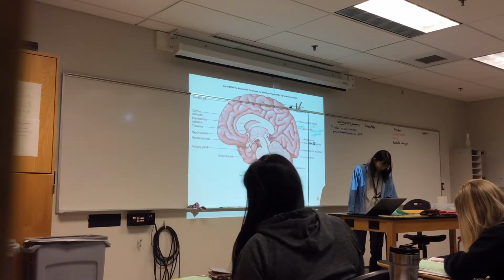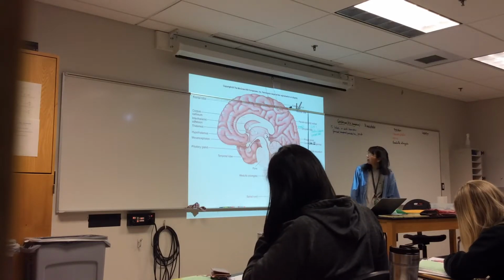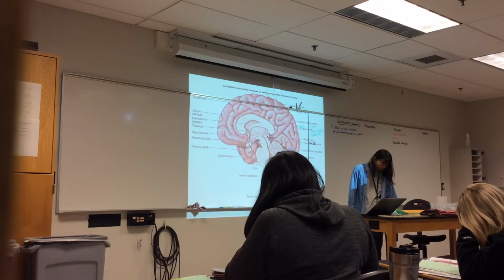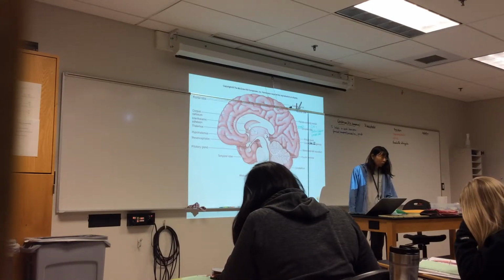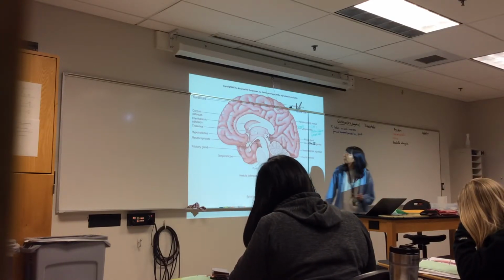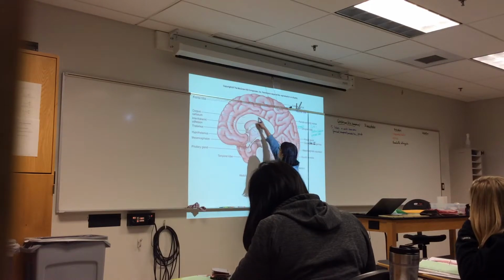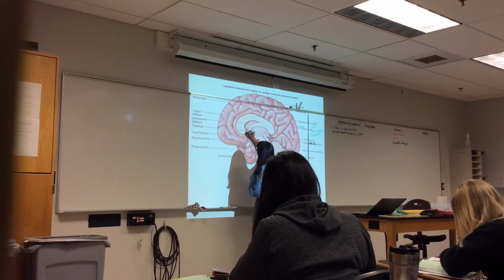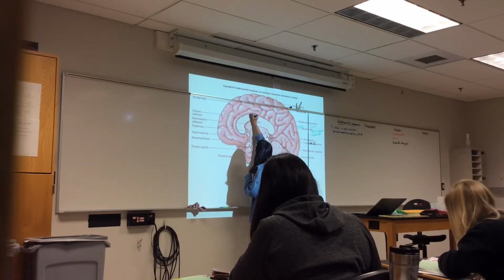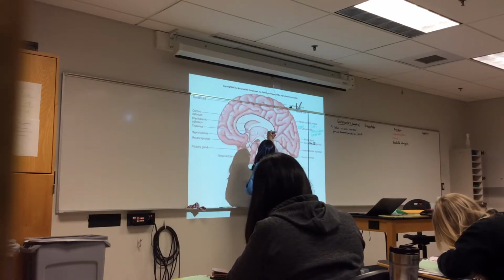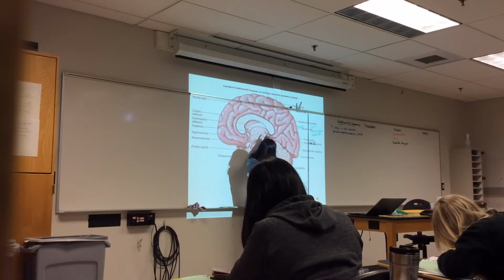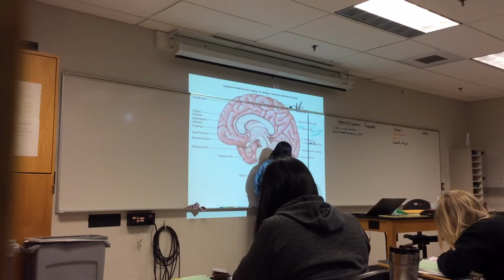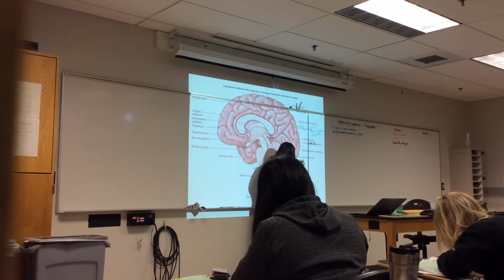I'm going to skip lateral ventricle because you can't see it right now. I'm going to go down to what I can see on this picture, which is corpus callosum. You see corpus callosum? This whole thing is corpus callosum. Aha, it's the same color as the tree of life, right? So what kind of matter? White.